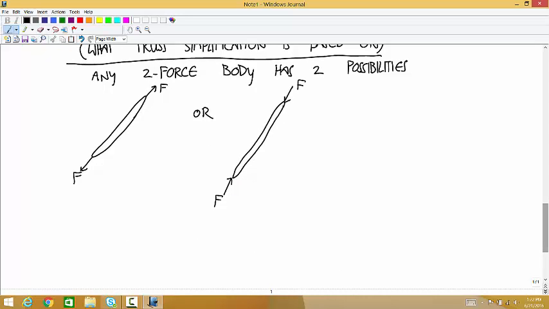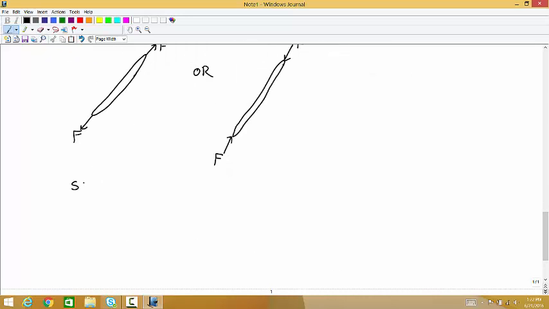So what we're going to do, if you know something's a two-force body, assume it's in tension.